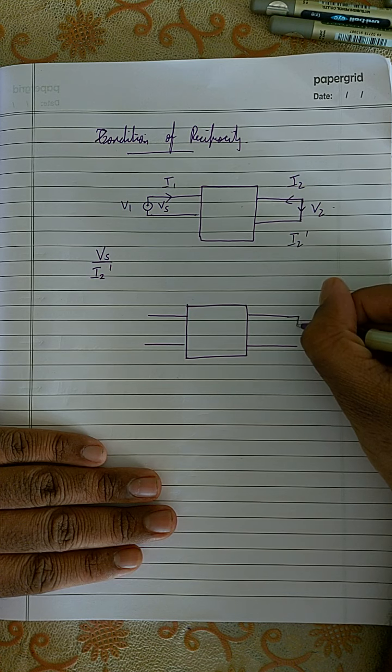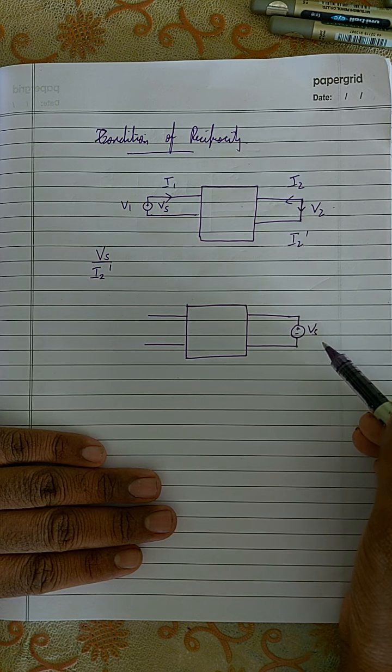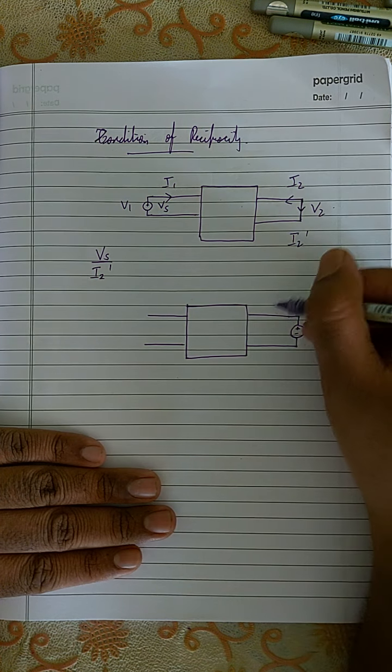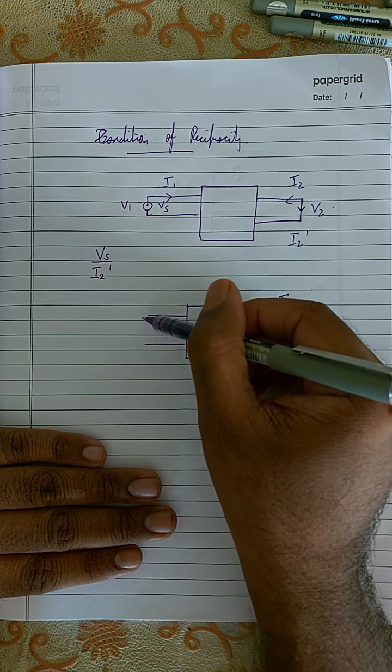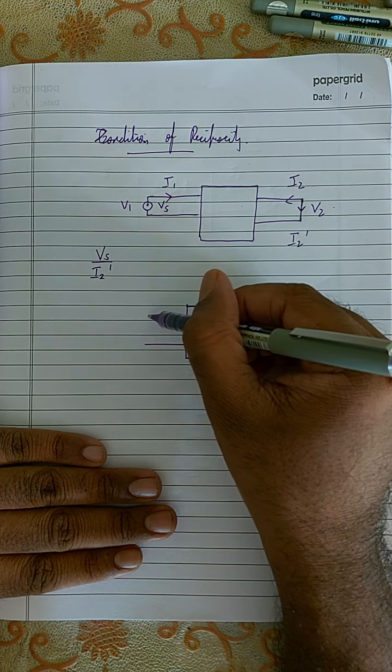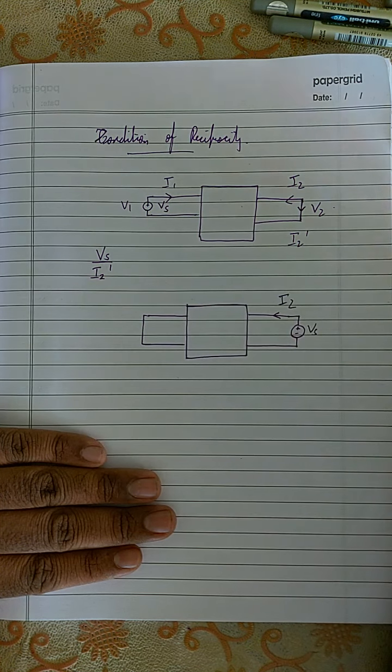So now the voltage at port 2, V2, is equal to Vs. Then I'm going to short circuit port 1, or just join port 1.